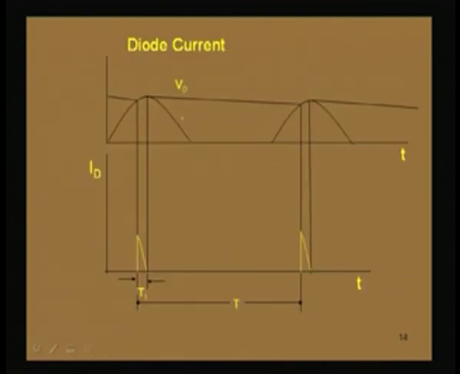In this half wave rectifier, the diode current will be like a surge: suddenly it increases and then within a very short time it falls off to 0. Considering the whole time period, only for a small portion T1 it is conducting.